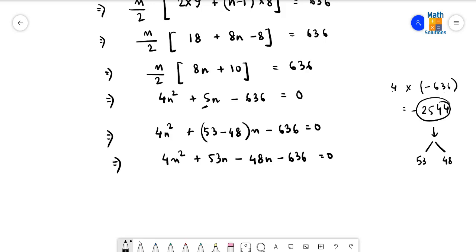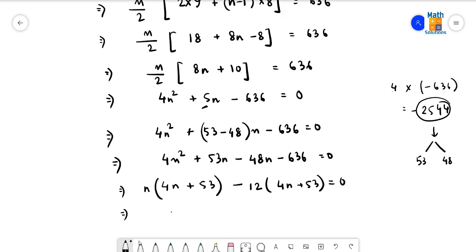From this part I can take n common, then 4n plus 53 is left behind, and 4n plus 53 would be repeated here, and then I can put 12 so as to get 48 and 636.